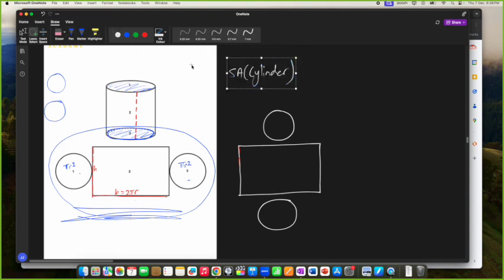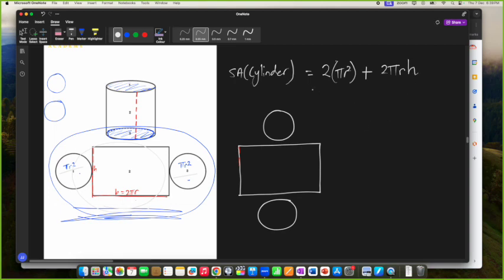And of course, you don't have to go and remember this formula, but I'm just showing you: the area of two circles is 2 multiplied by pi r squared, plus the area of this here, which is 2 pi r times h.